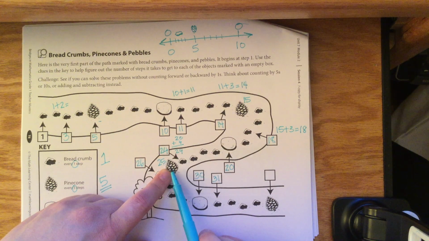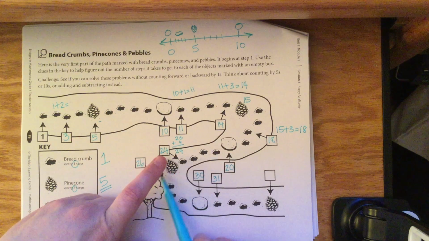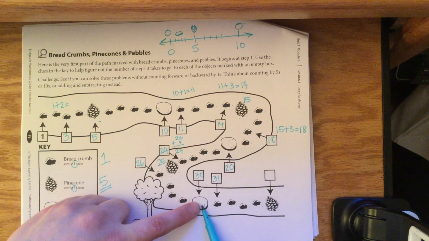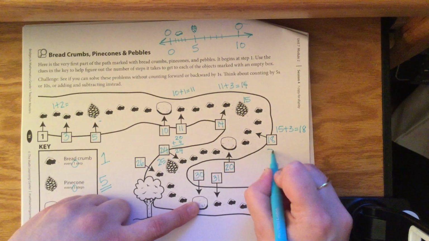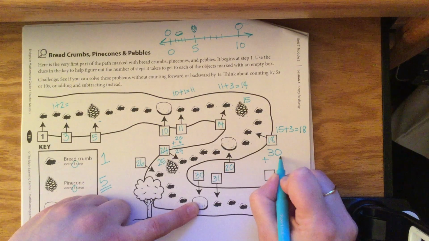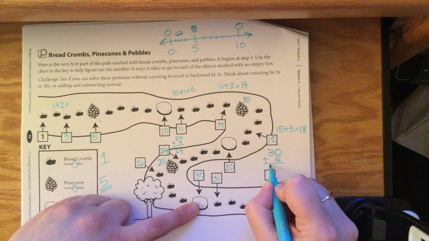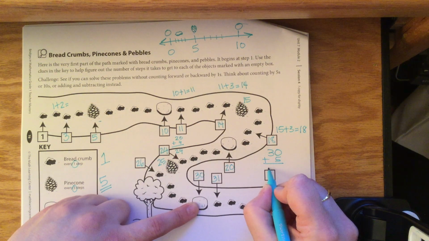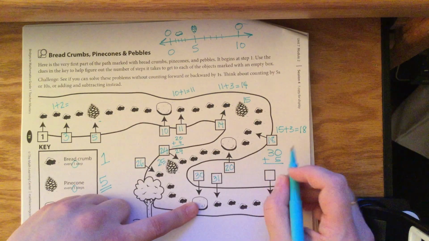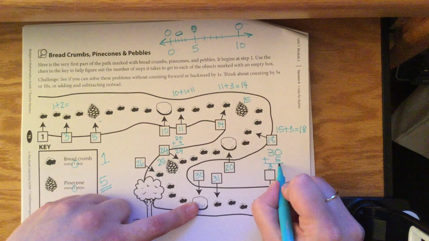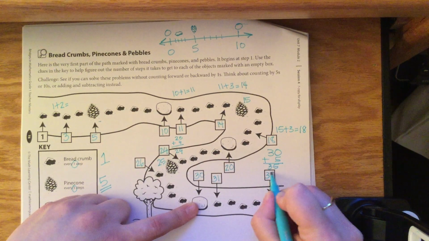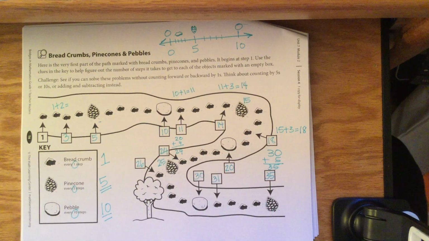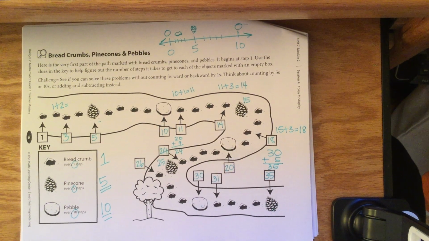So we're at step number 25, then we come to step 30, and we know that this pine cone is 5 more steps from 30. So we have 30 plus 5 more. I want you to figure out what 30 plus 5 is. And we're at 35. This pine cone is the 35th step.